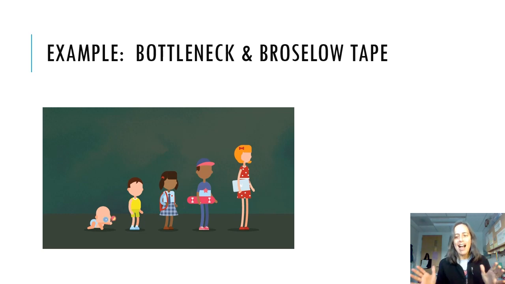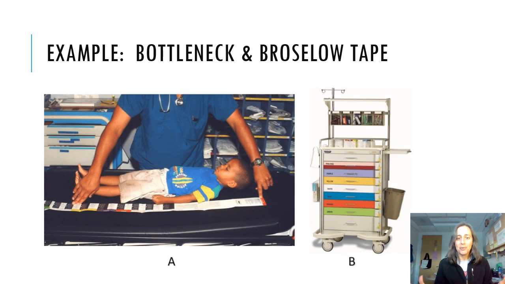So Broselow had this awesome idea, and he created Broselow tape. What this is, literally, is just a big piece of paper. What you do is you place one end of it at the head of the child, and then you see where their feet end up.